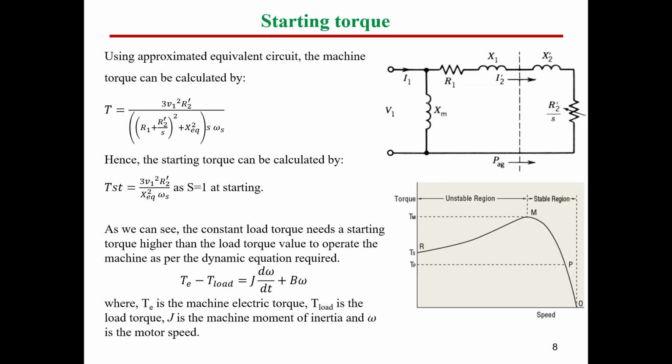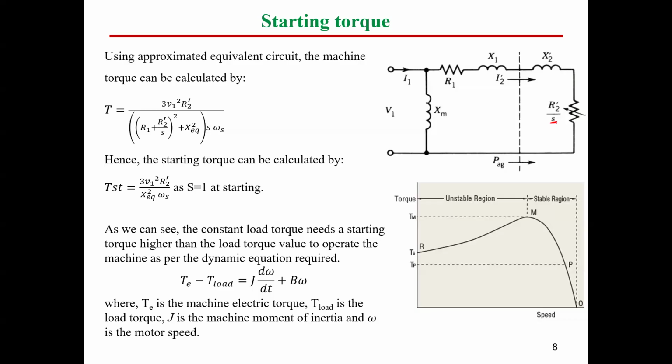So let's start, guys, with the approximated equivalent circuit again. If you would like to get a starting torque, mathematically from our relations here, you can find that S at starting should be 1. If you apply the mathematical model at S equals 1 and get the current: since S is very small during operation, we expect S to be like 0.02, 0.03, something like that, but at starting, it's 1.